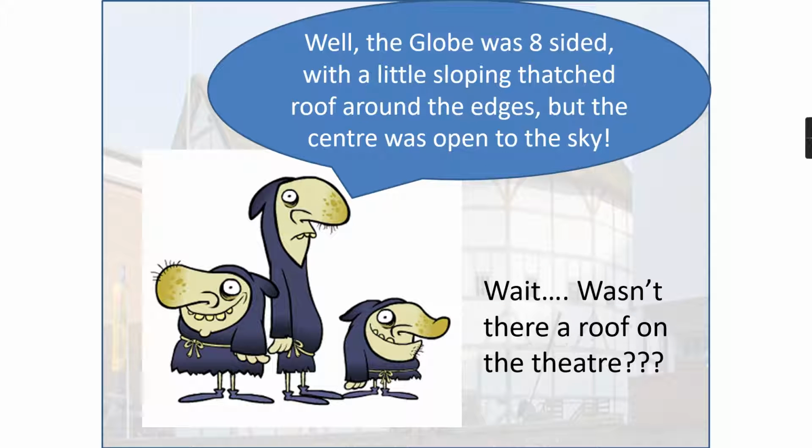The Globe was 8-sided, and there was just a little sloping thatched roof around the edges. Thatching is sort of hay. But the middle of the theatre was open to the sky, which meant that they couldn't perform if the weather was really bad.